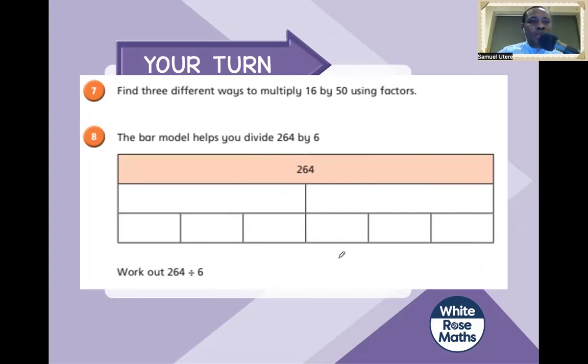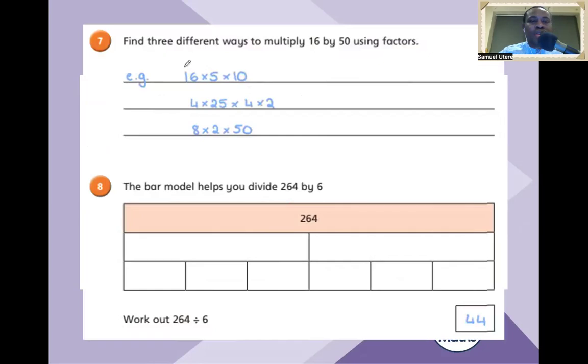Assuming you've paused the video and you've answered questions 7 and 8, here are the answers. Let's discuss them. So for question 7, you were asked to find 3 different ways to multiply 16 by 50. There are different ways to do this, and note that I prefer this one. So 16 times 5 times 10.